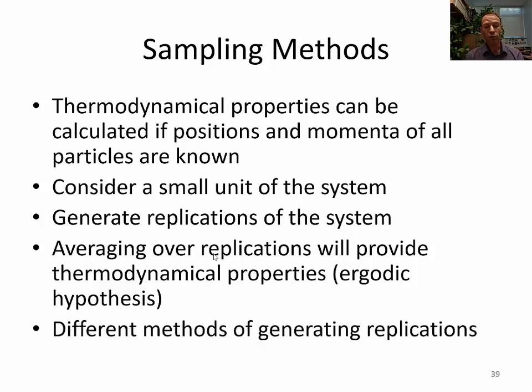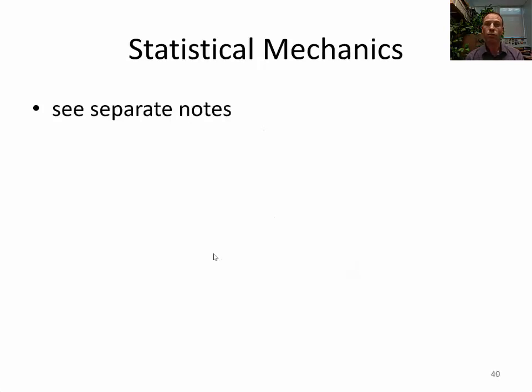There are a variety of different ways of making these replications, and these are different sampling methods. Once you've done your replications, you can calculate the thermodynamic properties using statistical mechanics, and I'll prepare a separate handout for statistical mechanics, which we'll discuss in the classroom session.